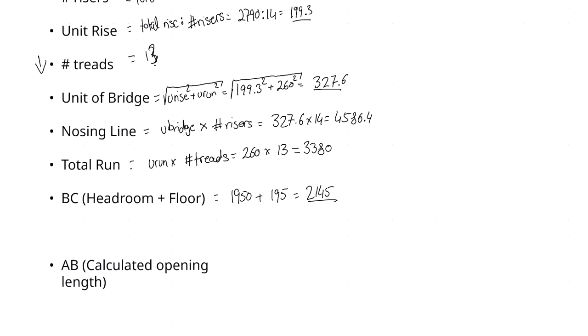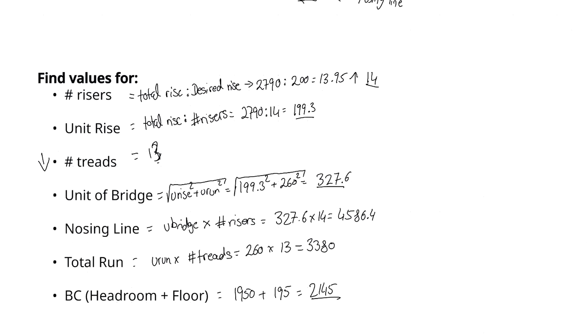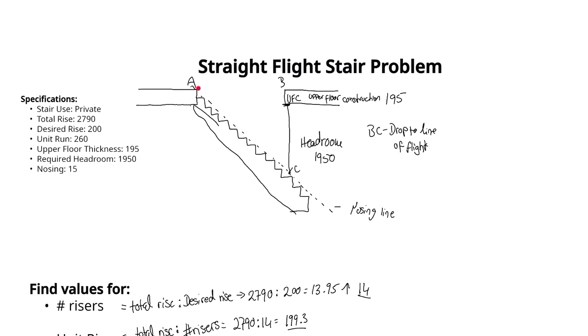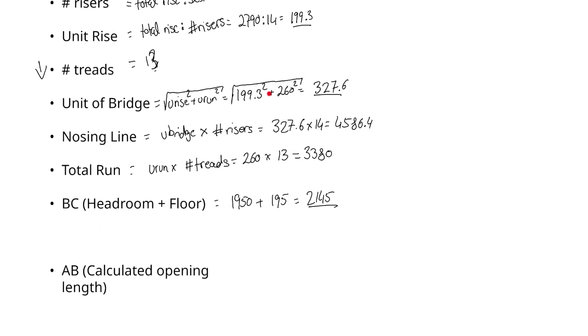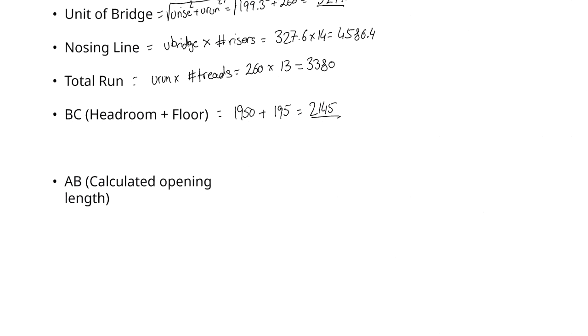So AB, one more time, this right here, the calculated opening length, and where we will compare the triangles of BC, or the drop to line of flight, to AB, our calculated opening, and we'll compare it to our unit rise to unit run triangle. And we're going to do ratio and proportion to figure that out. So the way it goes is unit rise over unit run equals BC over AB.